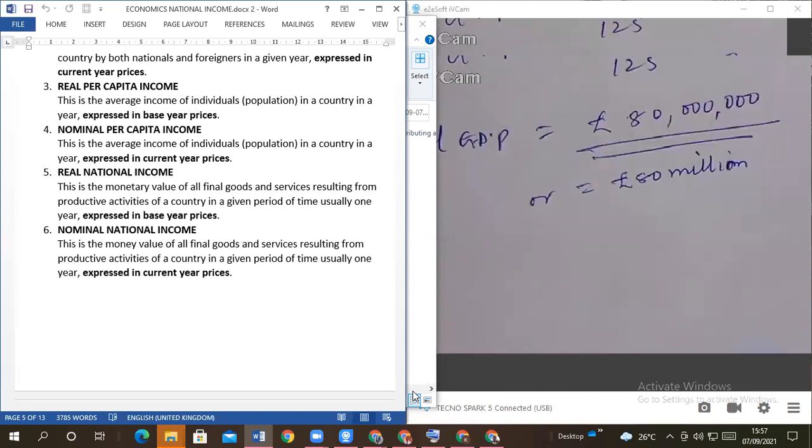And nominal national income refers to the money value of all final goods and services resulting from productive activities of a country in a given period of time, usually 1 year, expressed in current year prices. Take note of the spelling of nominal. There is no R there, please. Don't include the R there.